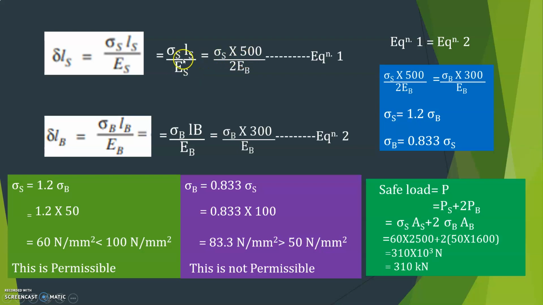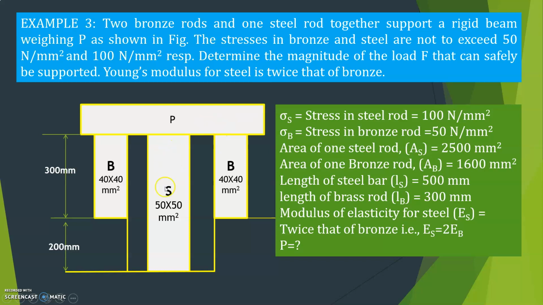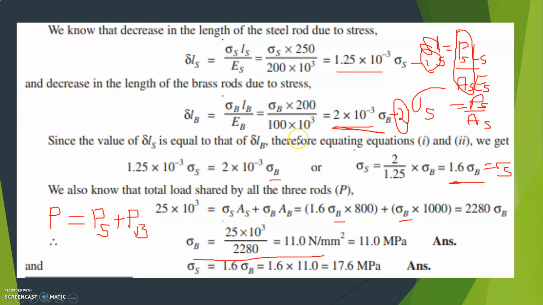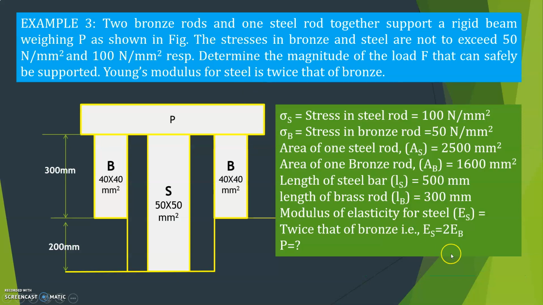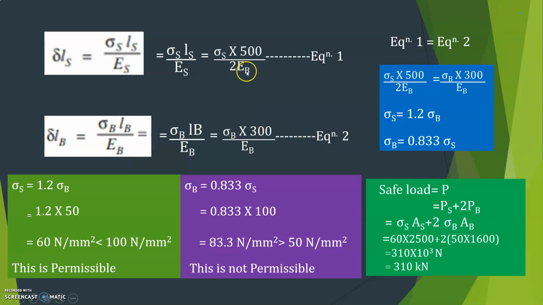Sigma S we don't know, into length of the steel rod. The length of the steel rod is 300 plus 200, 500. So substitute that, divided by Young's modulus for the steel. What is Young's modulus for the steel? It is 2 times Young's modulus of the bronze rod. Let it be equation 1.